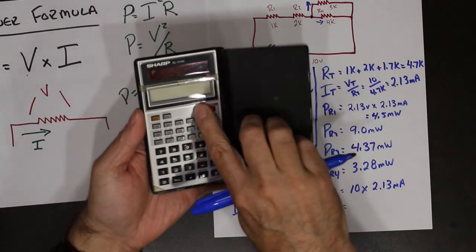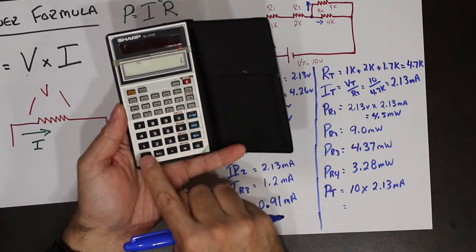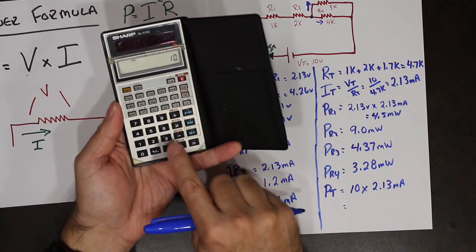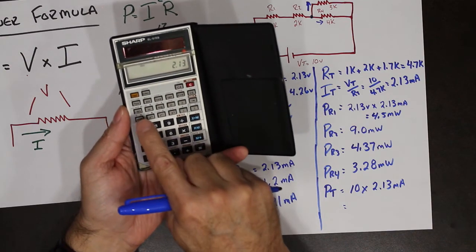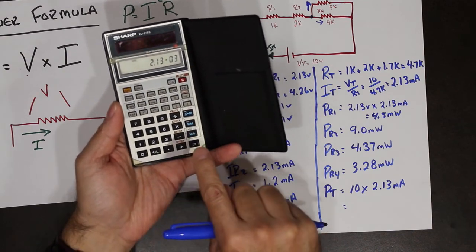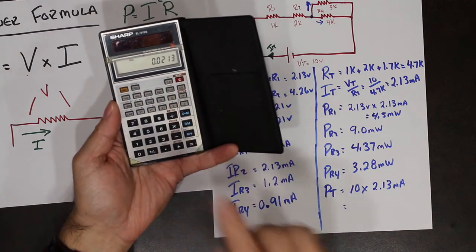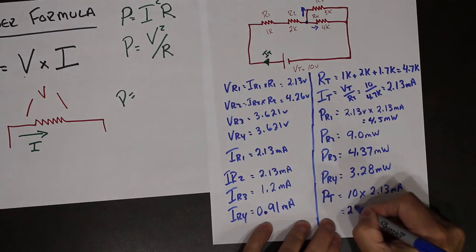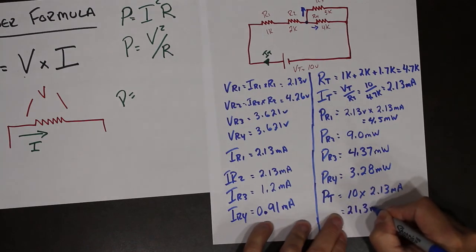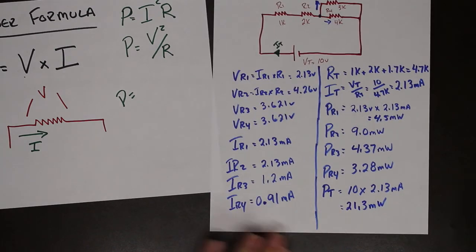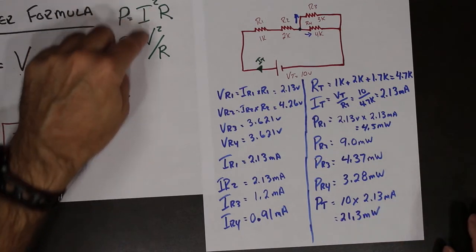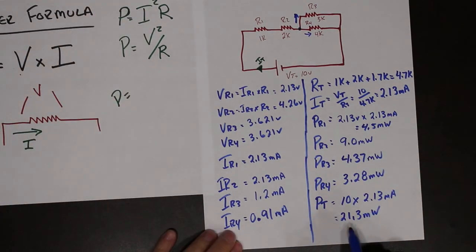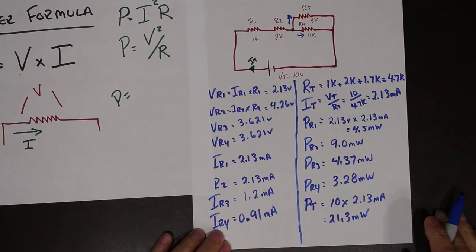So 10 times 2.13 milliamps equals 21.3 milliwatts. If I calculated it using any of the other formulas, it would all come out to be the same.